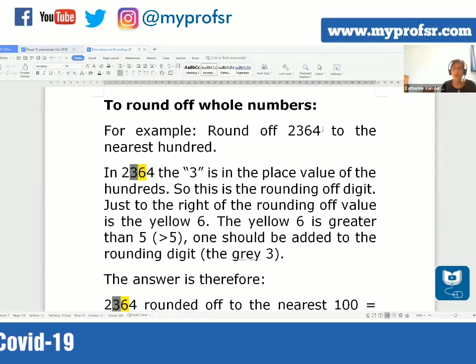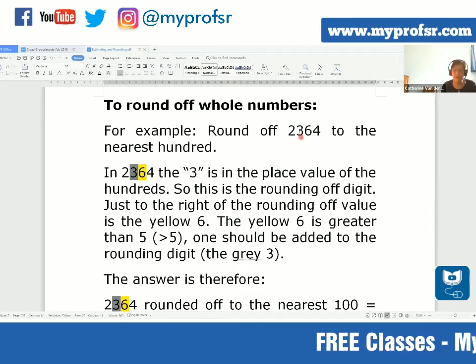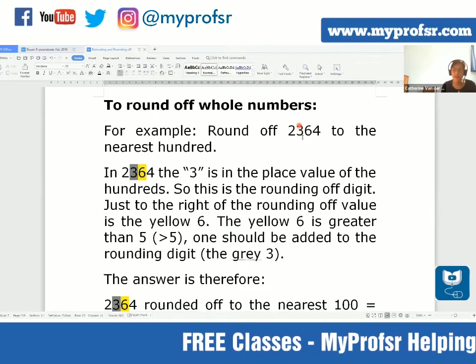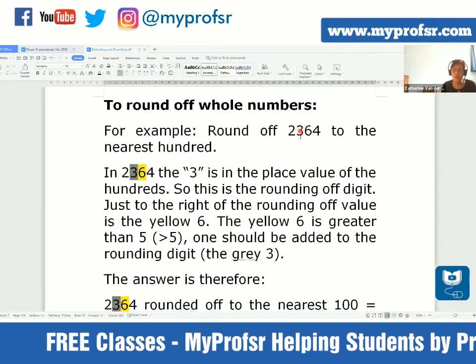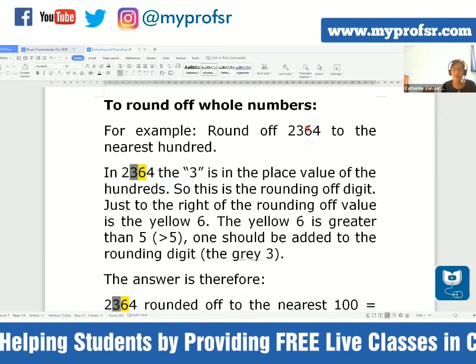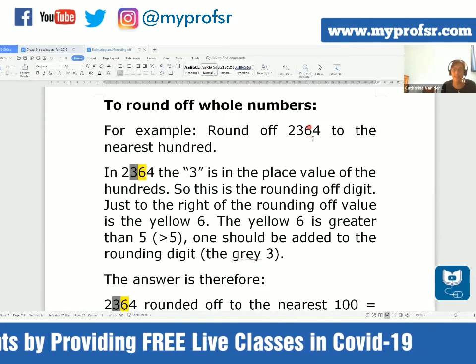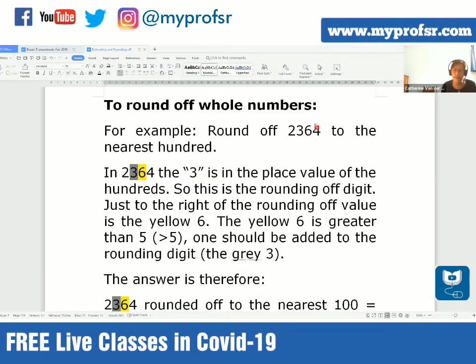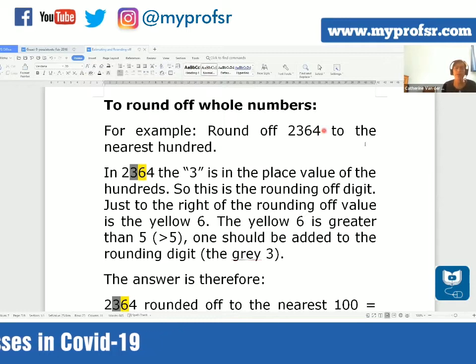So if we look at this number, 2,300, so this is the hundreds place value, and then 64, 60 is the tens placeholder, and 4 is the ones placeholder.